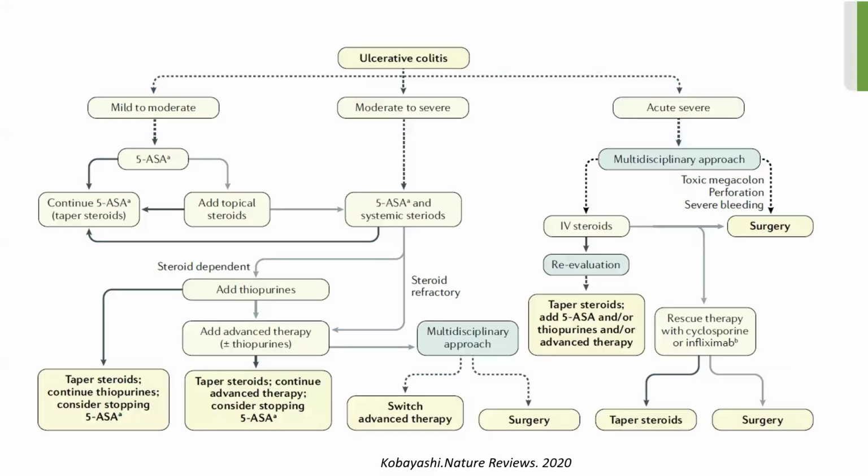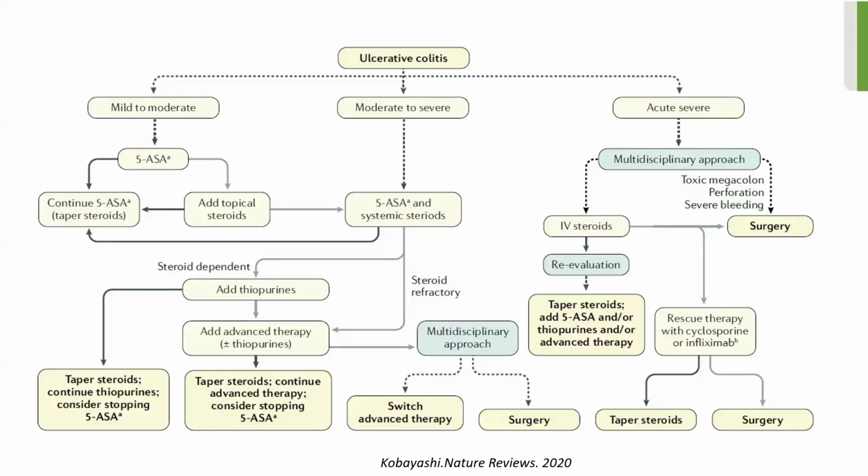So this is a very simplified treatment for ulcerative colitis, but we divide the severity into mild to moderate or moderate to severe. And the cornerstone of treatment is the 5-ASA agents. We also use steroids, but it is important to note that steroids are not used long-term for either Crohn's disease or ulcerative colitis.